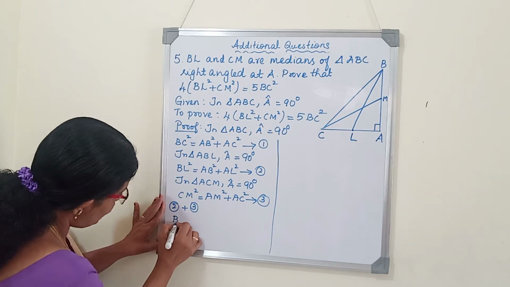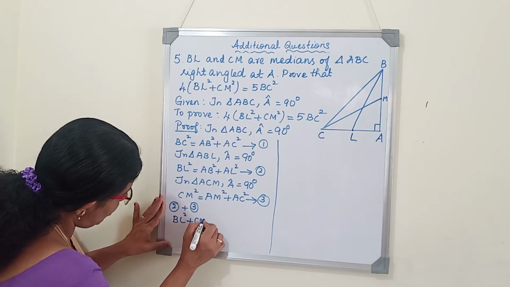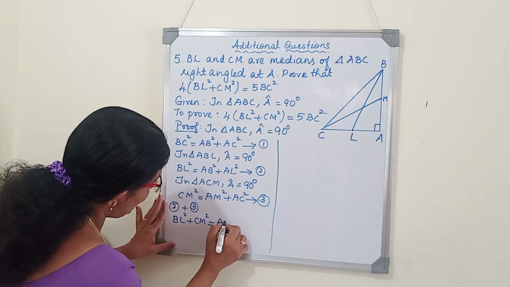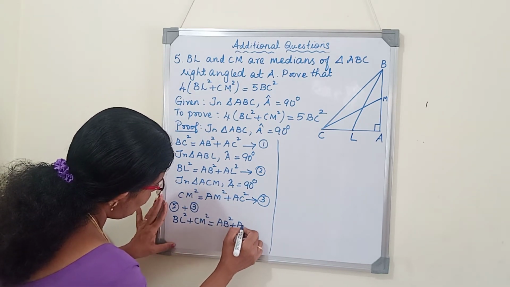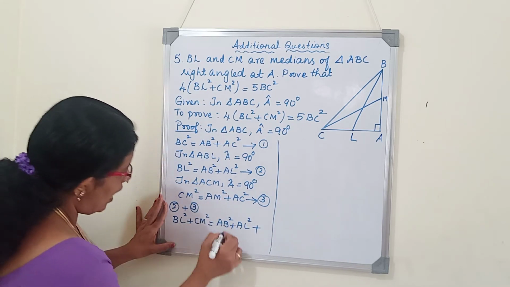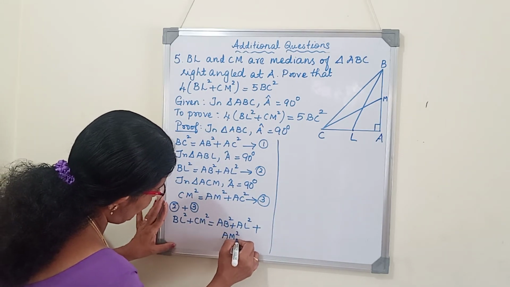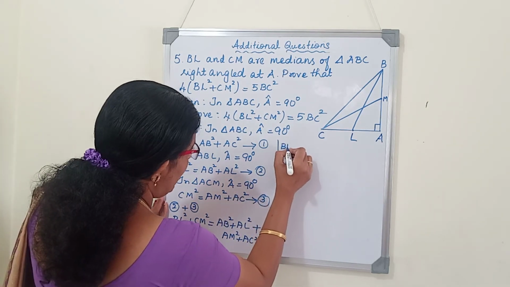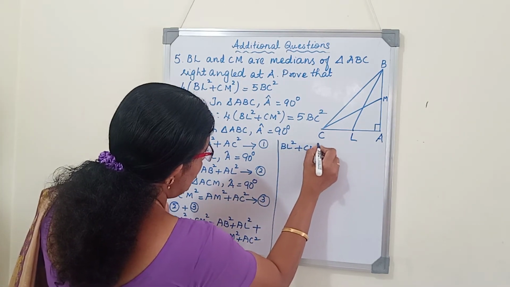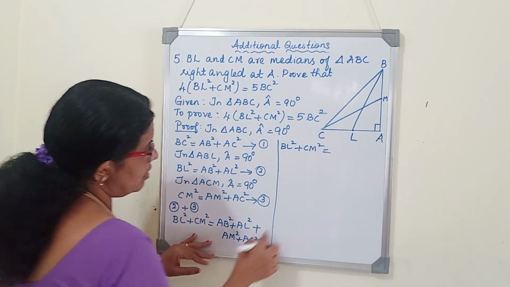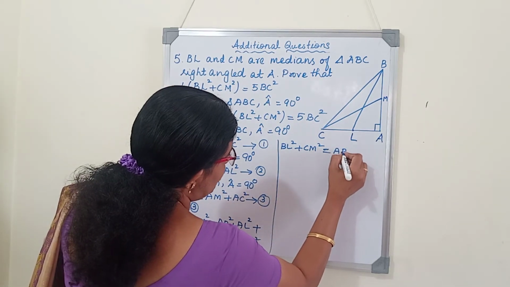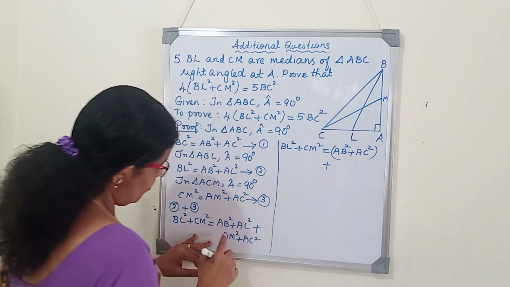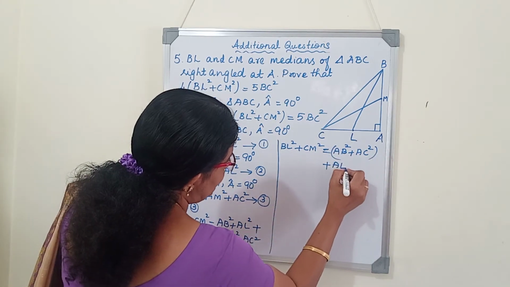On the LHS we get BL square plus CM square, which equals the RHS of the second equation, AB square plus AL square, plus AM square plus AC square. We write AB square plus AC square together, plus AL square plus AM square.